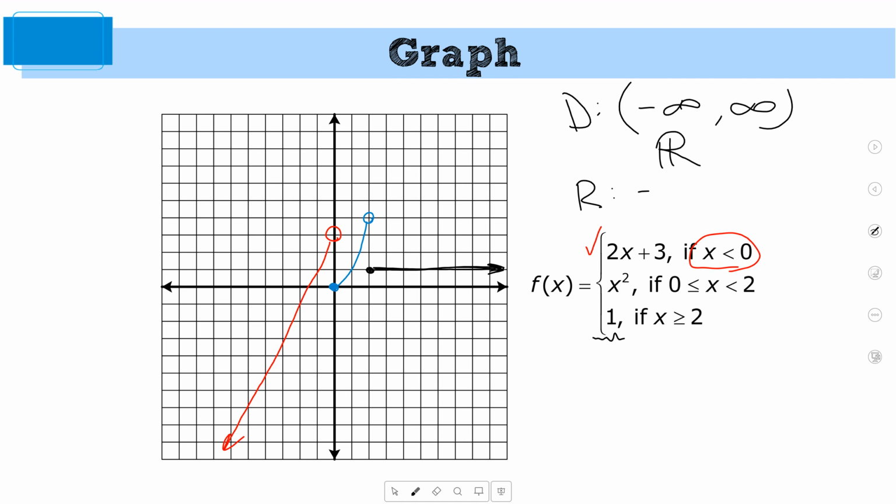Negative infinity to 4. Just 4? Oh, whoa. Actually, 3? No, it's to 4. Parenthesis or bracket? Parentheses. Good.